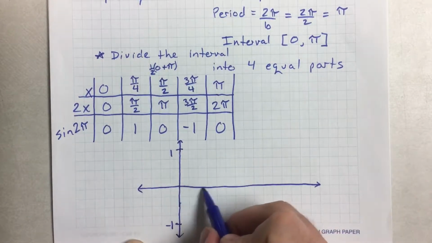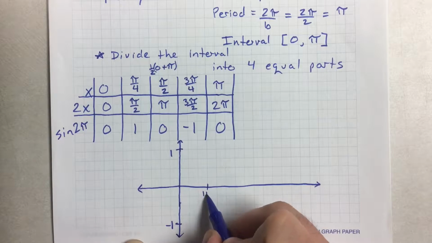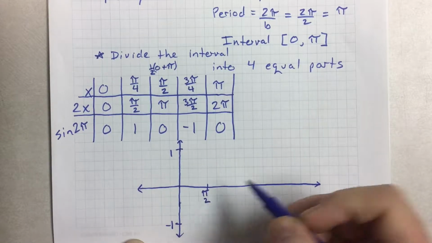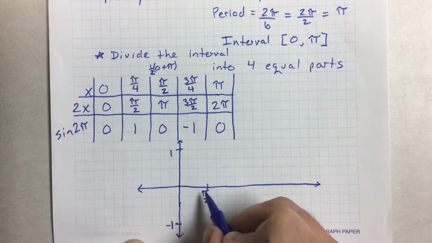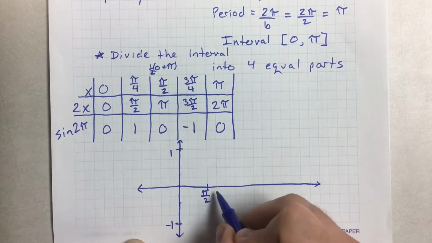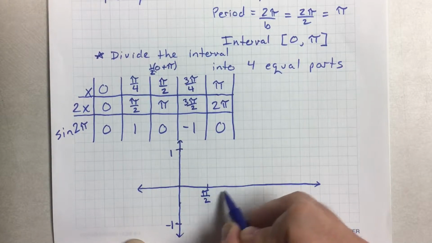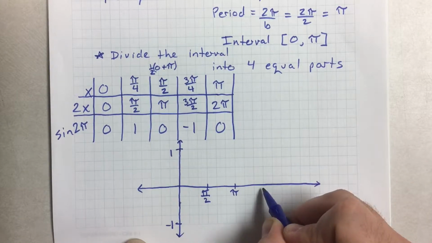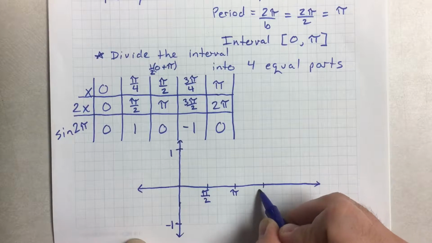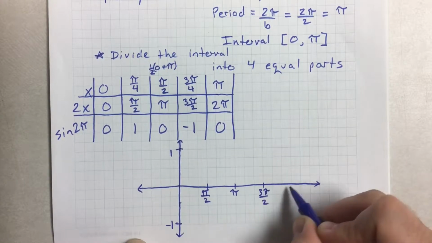And every 3 is a half pi. So pi/2, because we went pi/6, pi/3, pi/2. And then keep going in sixths, we get to pi. Then keep going in sixths, we get to 3 pi/2, and we get to 2 pi.